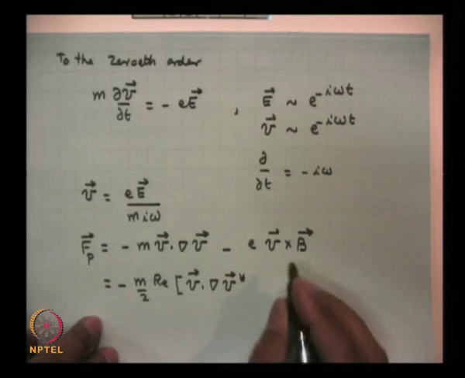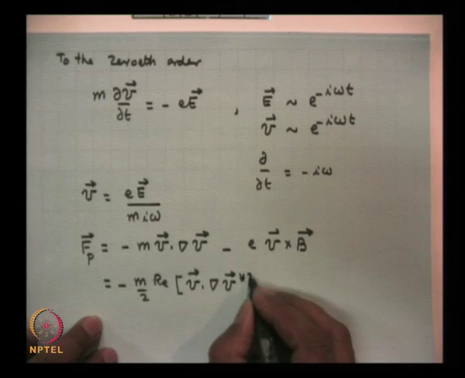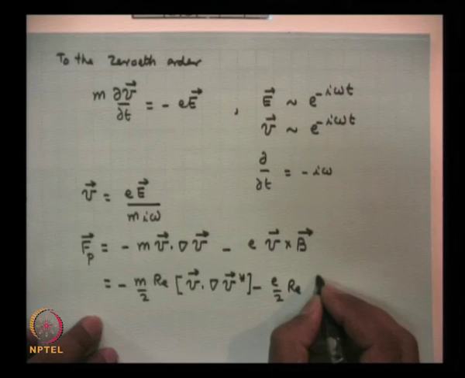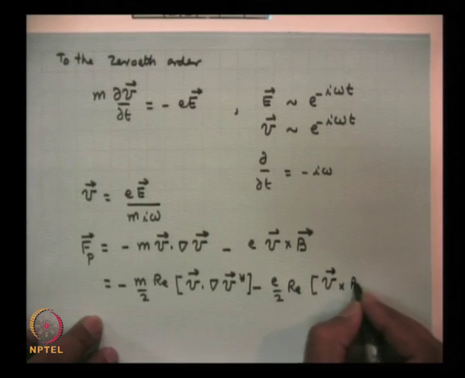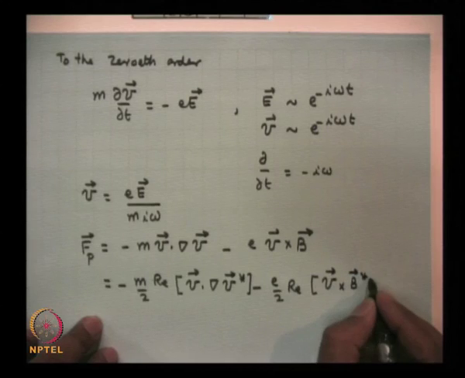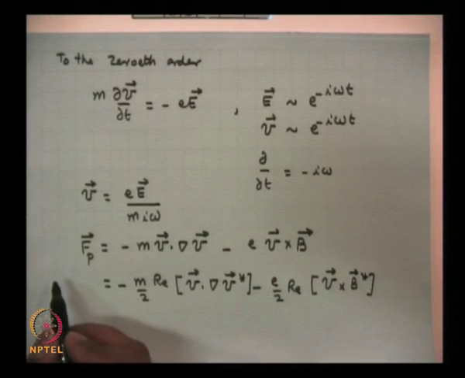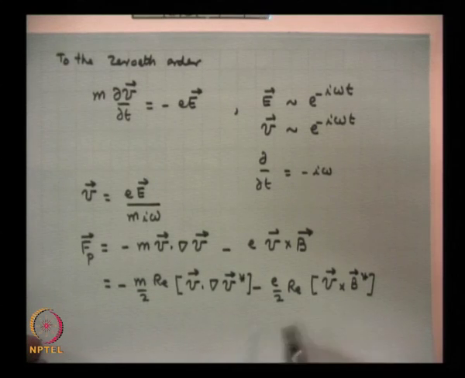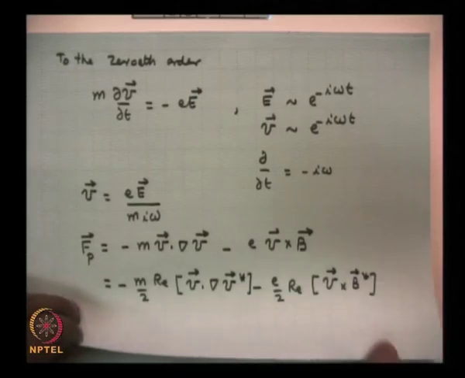So, I will write only that, and then here it becomes e by 2 real part of v cross B star. So, this is time average Ponderomotive force. Otherwise, I should write two more terms. I will not write them. Let me evaluate this expression, this force.